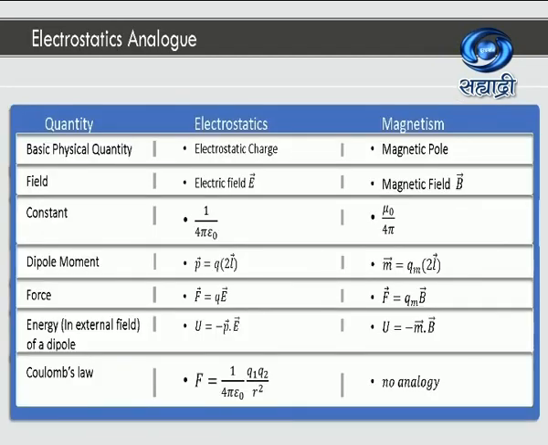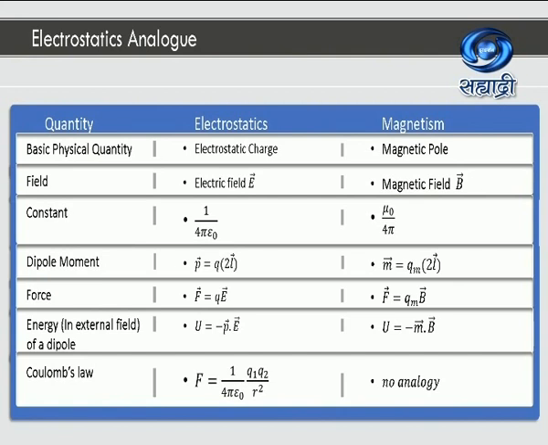Yes. As I mentioned in between, there is lot of similarity between the physical quantities that were used in magnetism to that of electrostatics. One can say it is nothing but electrostatic analogy. So let us compare that analogy between these two chapters.